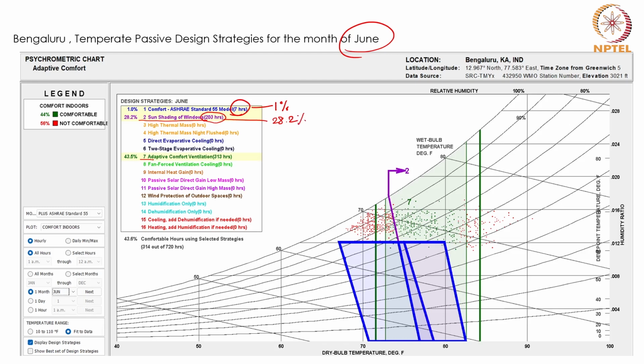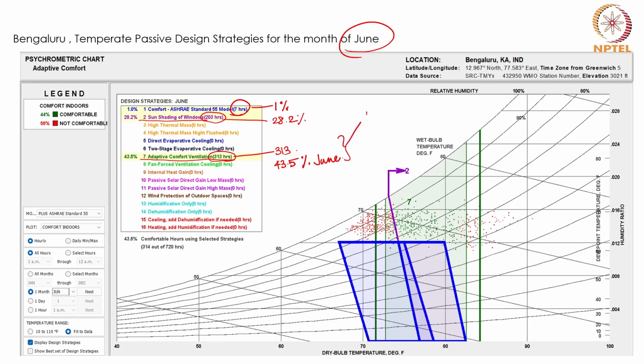Further, using adaptive comfort ventilation will increase comfort hours by 313 hours, totaling 43.5% of the month of June being made comfortable with just two strategies.